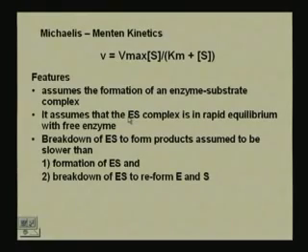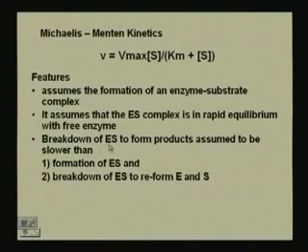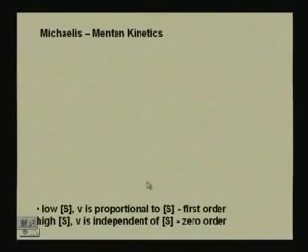There is a pre-equilibrium where the enzyme substrate complex is in equilibrium with the free enzyme. Then the breakdown of ES to form product is slower than the formation of ES and the breakdown of ES to reform E and S.